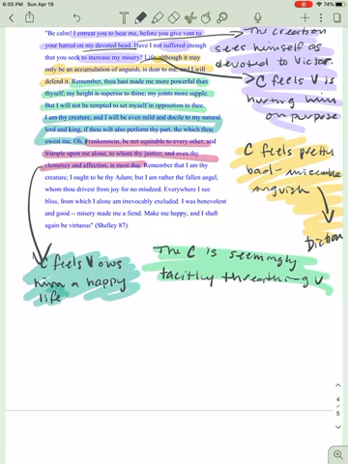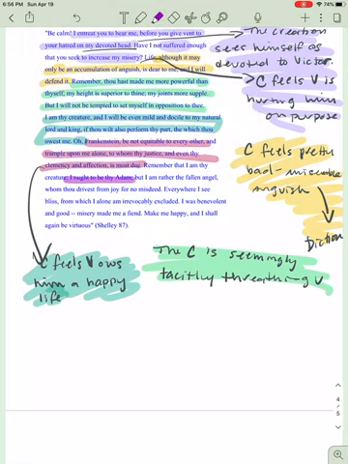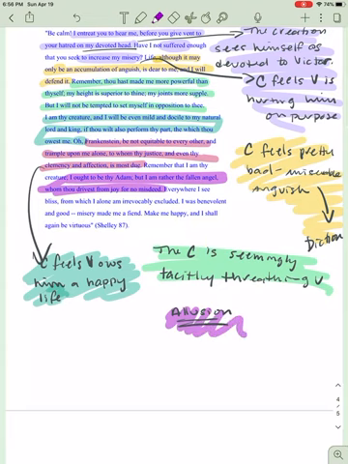Remember that I am thy creature, I ought to be thy Adam, but rather I am thy fallen angel. Here's something interesting. We have an allusion. Right? I should be your Adam, but instead you treat me like I'm the devil. Everywhere I see bliss for which I am alone irrecoverably excluded. I was benevolent and good.